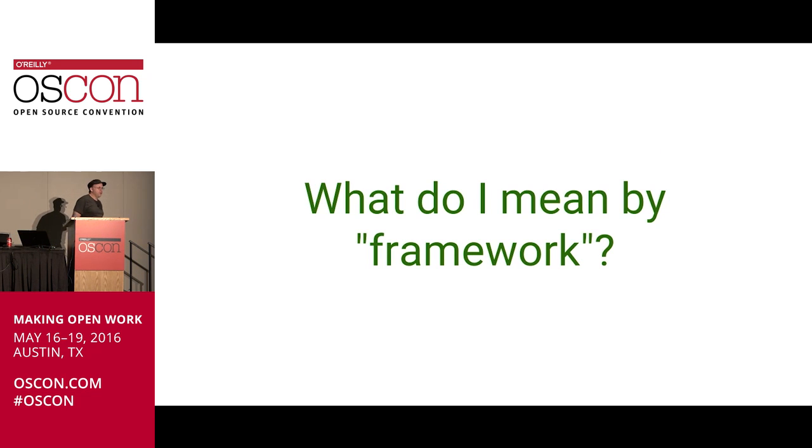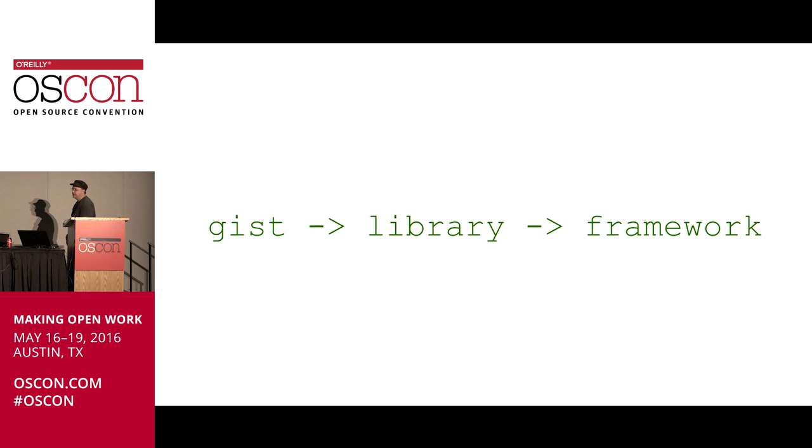In order to go a little further, I need to distinguish what I mean by a framework. As you write code, you start off with little bits of code, something along the size of a gist, 5 or 10 lines: hey, this is how you do something, this is a function, right? And then you get a little bigger, and you start to build up a library. If you use the JavaScript underscore library, it's got a bunch of functions, they do some useful stuff.